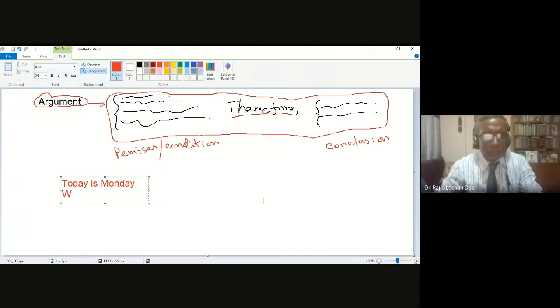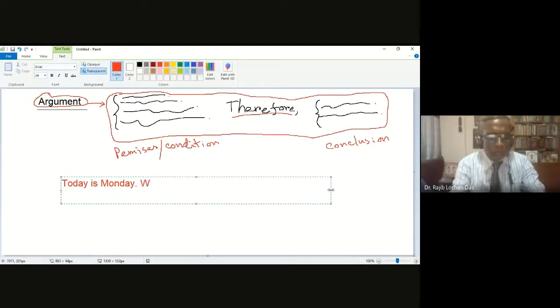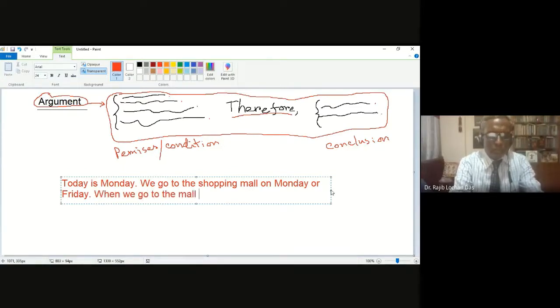We go to the shopping mall on Monday or Friday. When we go to the mall, we eat pizza.